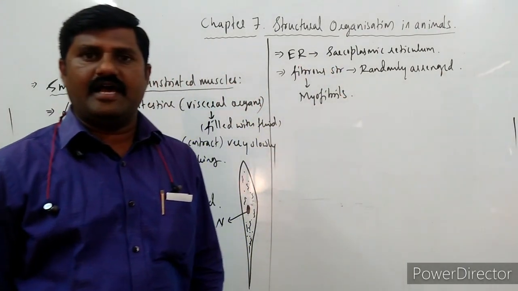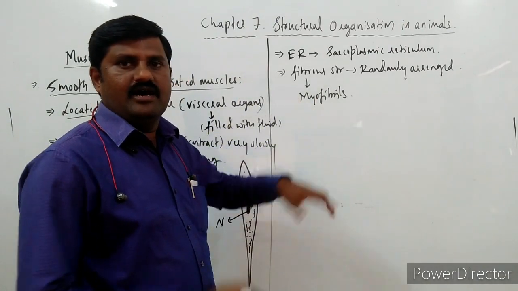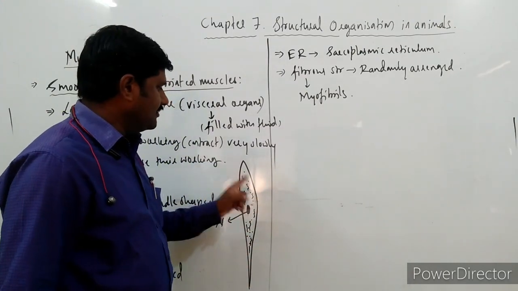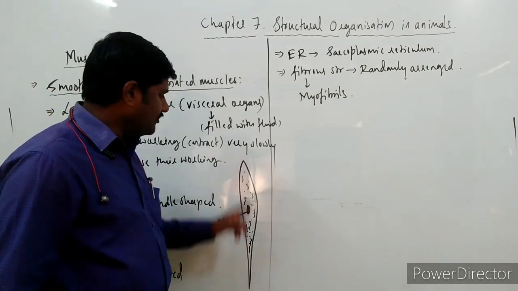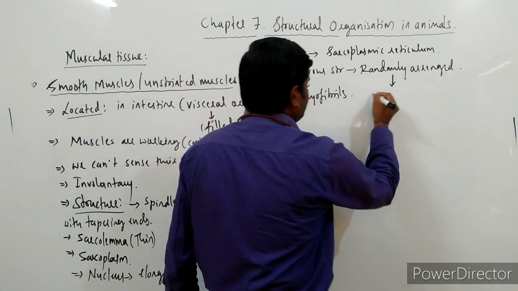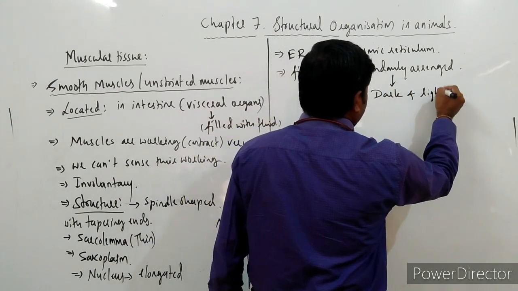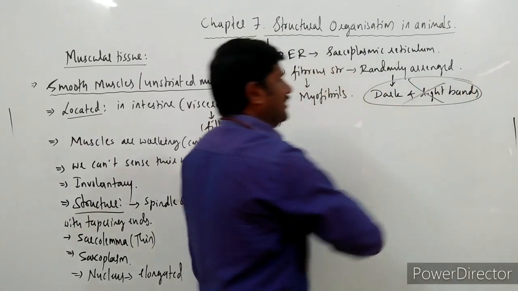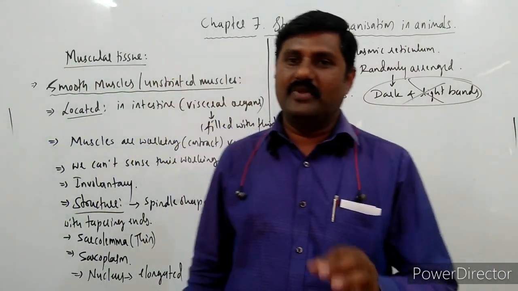These myofibrils are randomly arranged in these muscle fibers. Hence you cannot see dark as well as light bands on these muscle fibers. They are not at all seen in these muscle fibers.